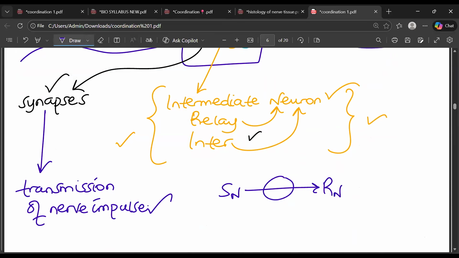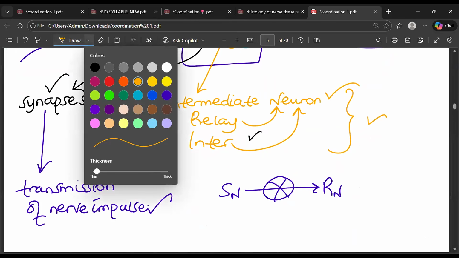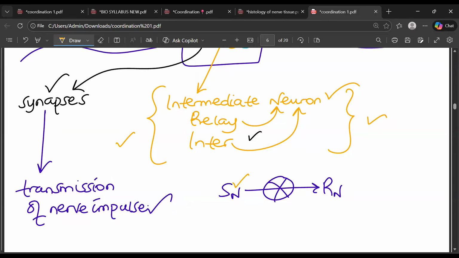We may need the synapse to mediate this. You understand? That's why they come in. We need a synapse that is really going to help us with the transmission of the nerve impulse from the sensory neuron to the relay neuron. Just read textbooks.